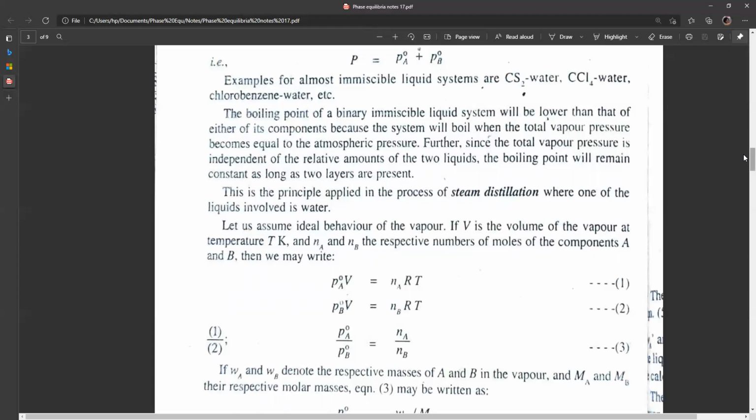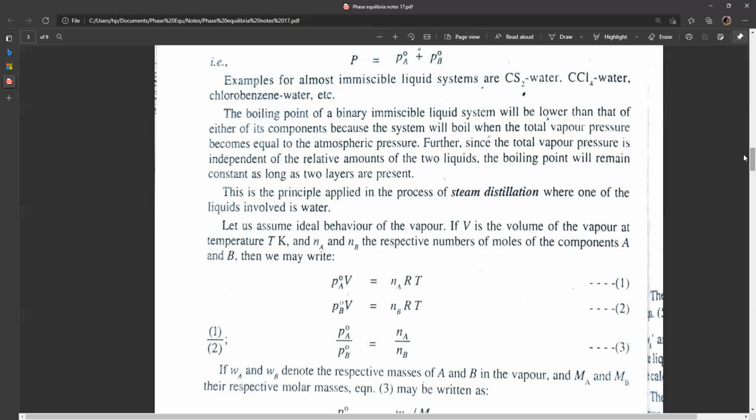At first, we have a look at the principle of this method. We are assuming ideal behavior of the vapor here, that is, the vapors obey the kinetic gas equation.